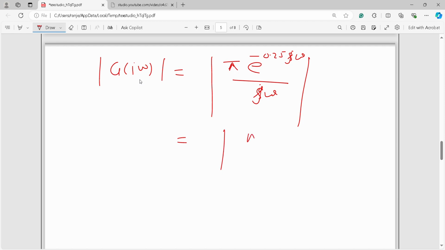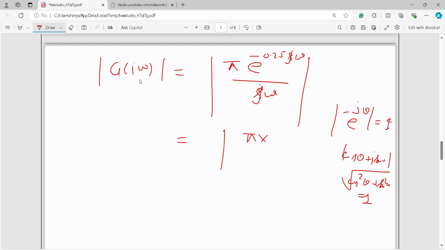As we know, for e to the power of minus j theta, the gain should be 1, because this is cos theta plus j sin theta. If you find the magnitude, real part squared plus imaginary part squared under root, it should be 1, because cos squared theta plus sin squared theta is equal to 1. So pi into 1 by j omega, and the omega value is 2 pi.